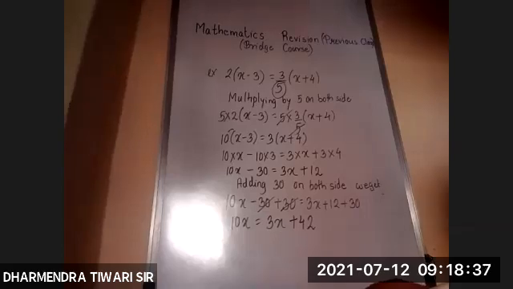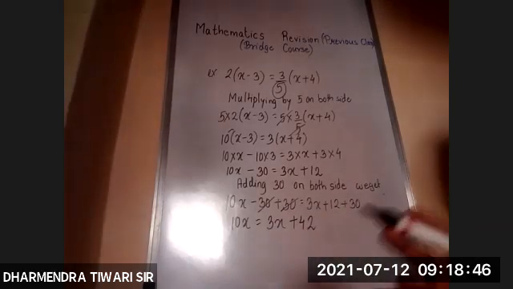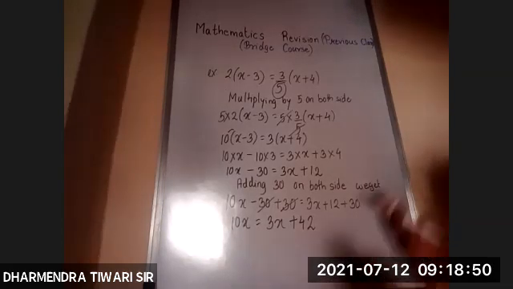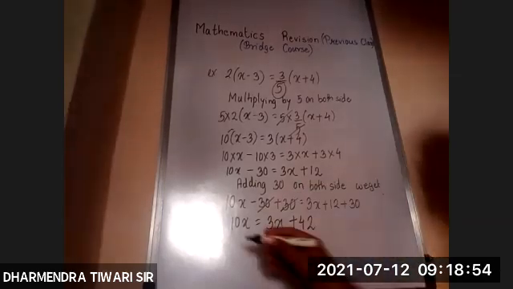Hope you don't have any problem in this. One more thing, we can see the x terms are not being taken together. I have not done it simultaneously because it might create confusion for you. So better, in this step, we will take 3x to the left hand side.